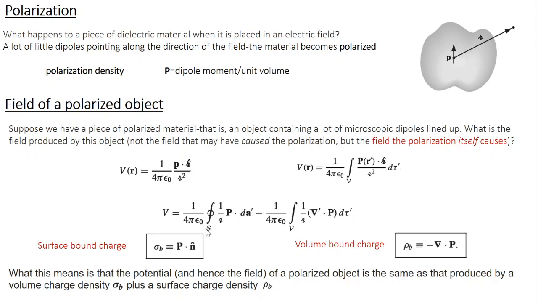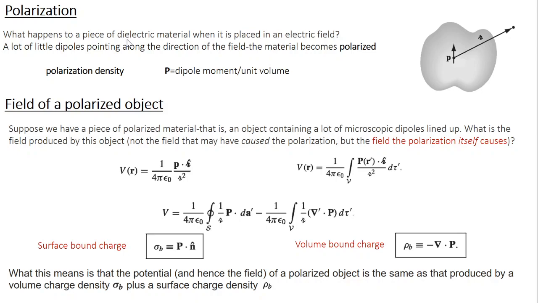So the first term here is a surface integral, so this corresponds to the potential of a surface charge given by P dot n cap, where n cap is a unit normal vector. The second one is a volume integral, so this corresponds to the potential of a volume charge rho given by minus del dot P. Remember, we are talking about dielectric materials, meaning the electrons are not free to move around.